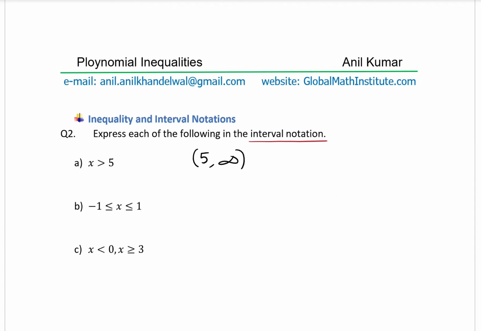In between two, both included means square brackets with the limits. And this is when x is less than 0. X is less than 0 means it goes up to minus infinity from 0, both are not included, or x is greater than 3, that means it goes from 3 to infinitely large value. Is that clear to you? So that is how you have to write your answers.